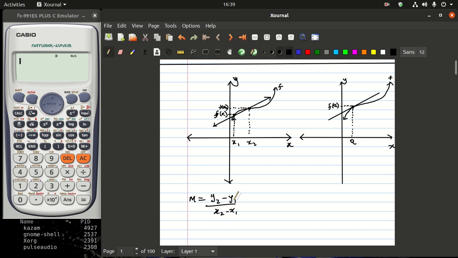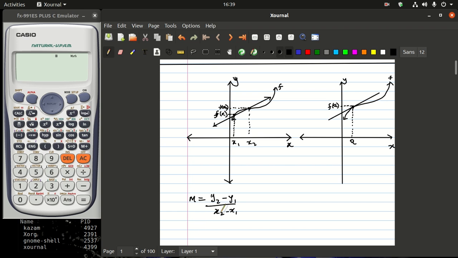So if we have y1 here, we must have x1 here, and y2 goes with x2. You can change this and start with the other two, but what is important is that if you start with y1, make sure you start with x1 in the denominator.